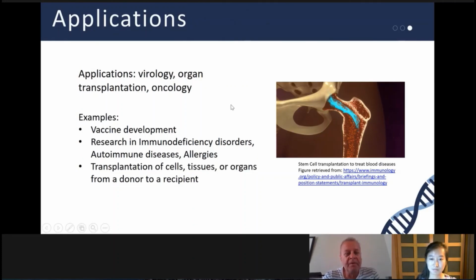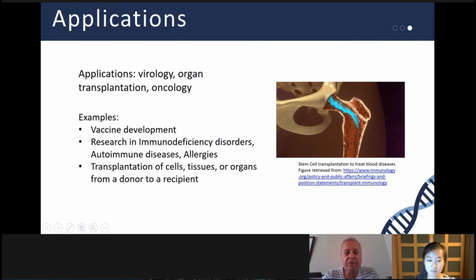So apart from vaccine development, it studies immunodeficiency disorders, which is something you can be born with, and autoimmune diseases, some of the most common diseases in humans, like rheumatoid arthritis, diabetes, multiple sclerosis, where we start to attack our own bodies or parts of our own bodies.